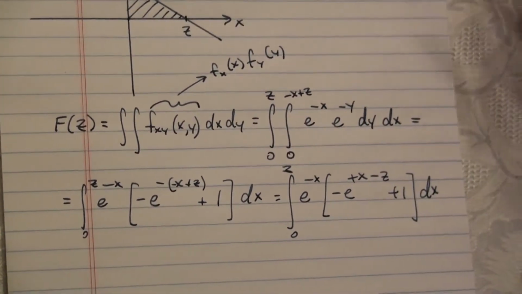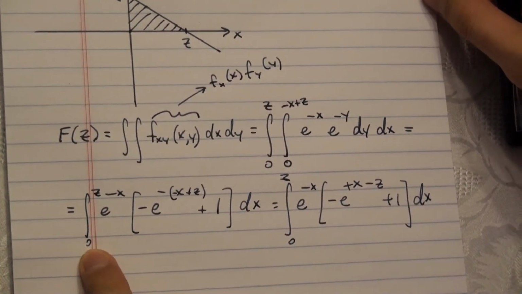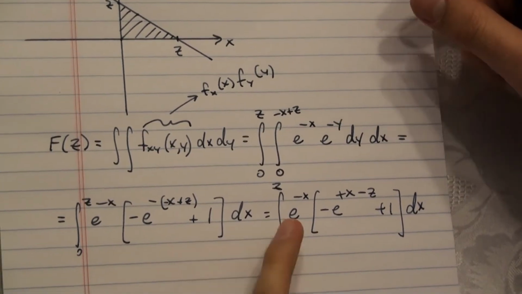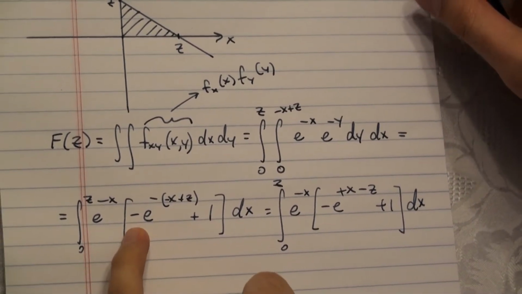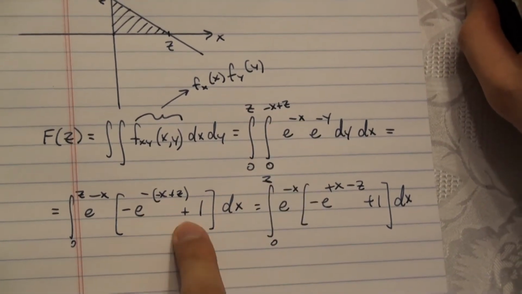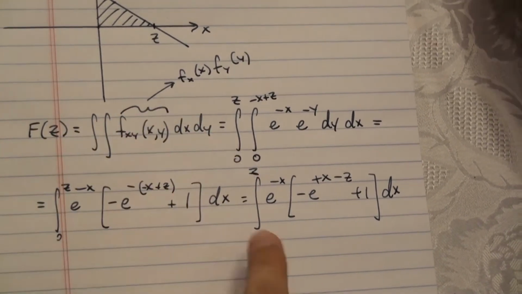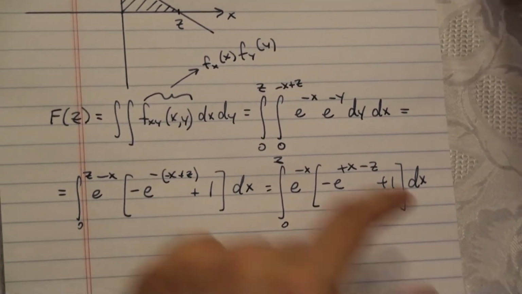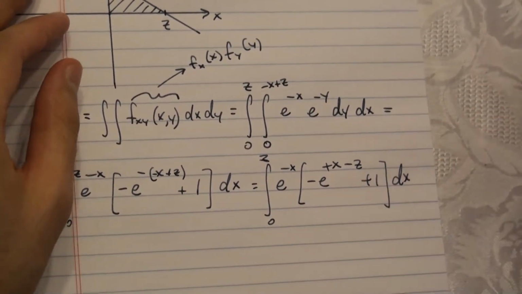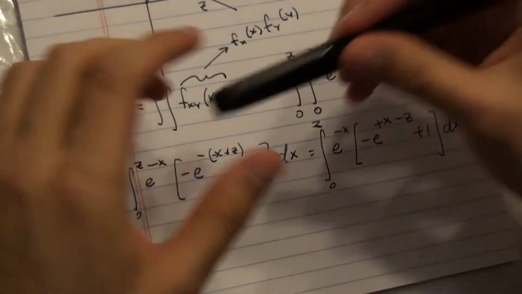So now we carry out the integral. I write the x integral from 0 to z, e to the minus x, because that's not affected by the y integral. The y integral gives us minus e to the minus x plus z plus 1, because it's minus e to the 0. Now I'm just cleaning this up a little bit. We have e to the minus x times minus e to the x minus z plus 1, after distributing the minus sign.